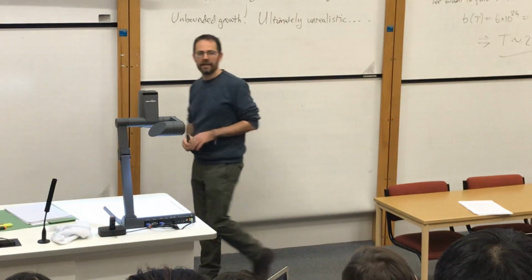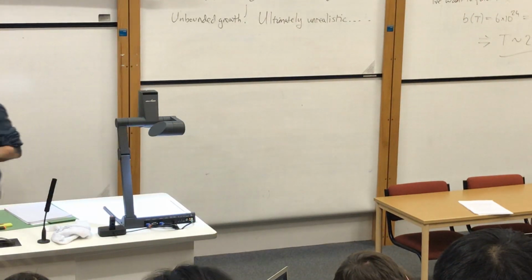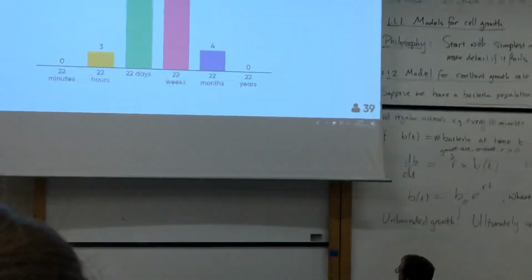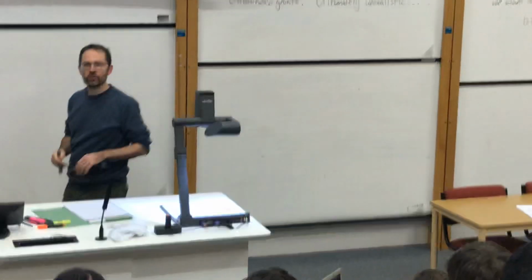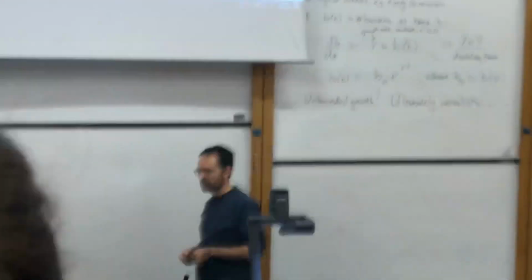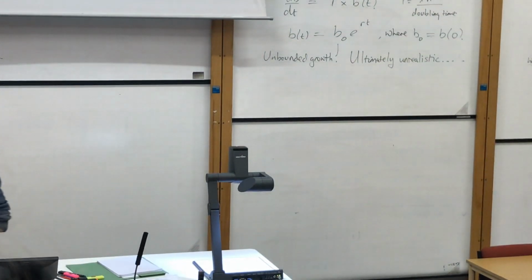But it is ultimately unrealistic, and clearly, it's not feasible that we can have this situation where a bacteria carries on growing. So, what could be the things that could stop that unbounded growth? Well, bacteria could die. That's quite likely. They can die as well as divide, so you could potentially incorporate that.